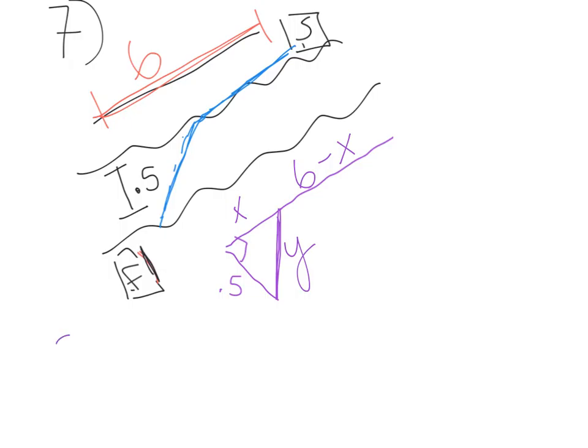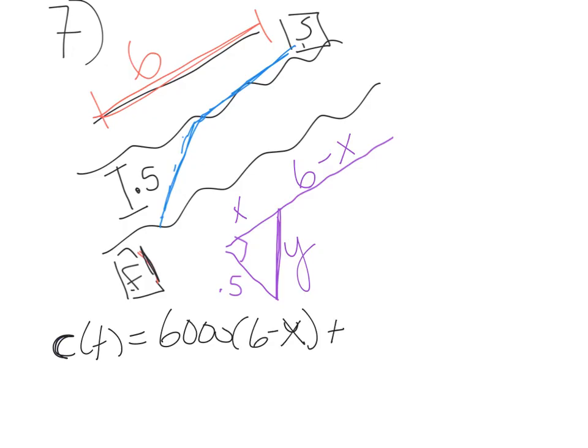Let's do that one first, maybe. 6,000 times (6 minus x) plus 8,000 y. So that is the equation with money in it, because you're going to need something with money.